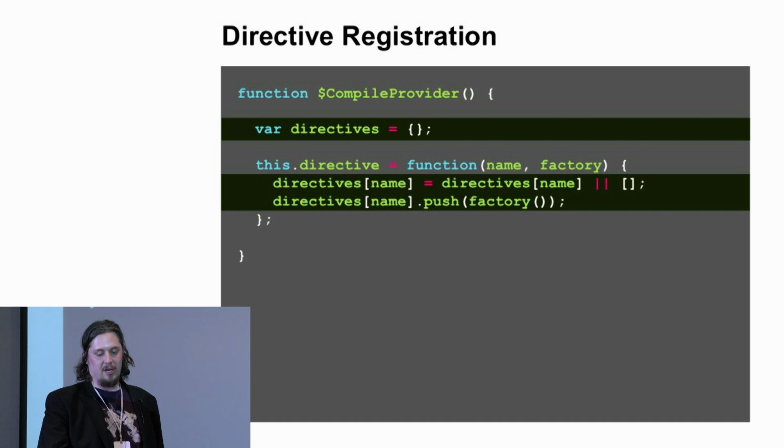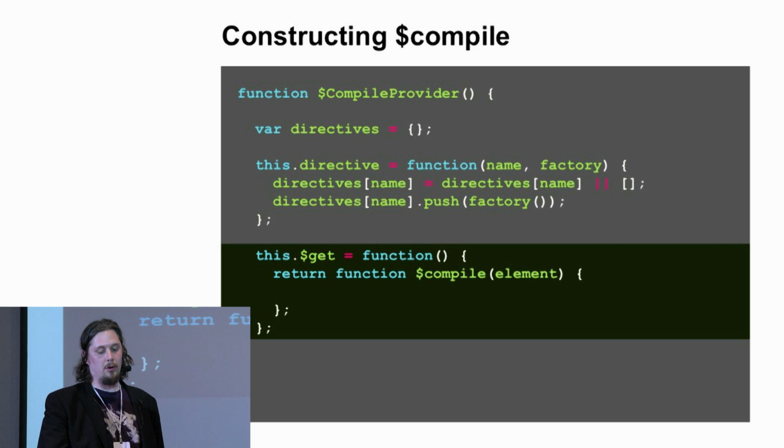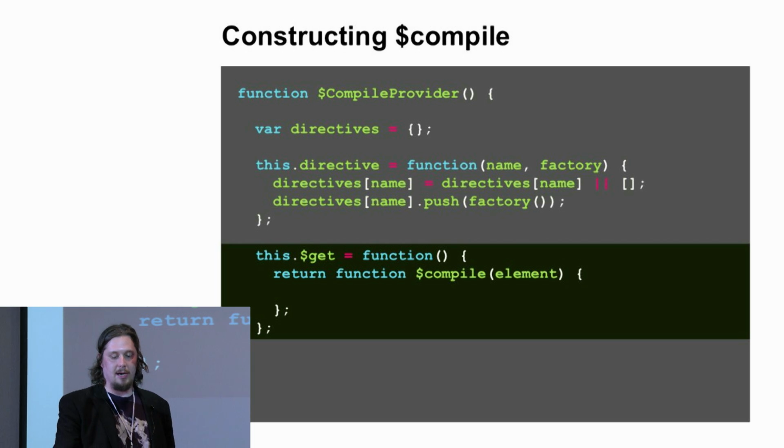And when we have that, we can then proceed to make our compile service. This is a standard Angular provider that has this $get method that actually makes the thing that you want, and there's the compile function that you actually get when you inject it into your Angular application. It's this function made by this provider that takes an element, and that function should now compile that element.